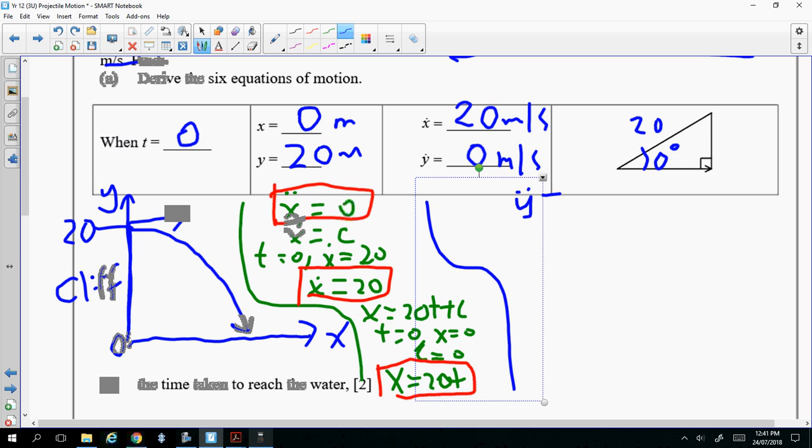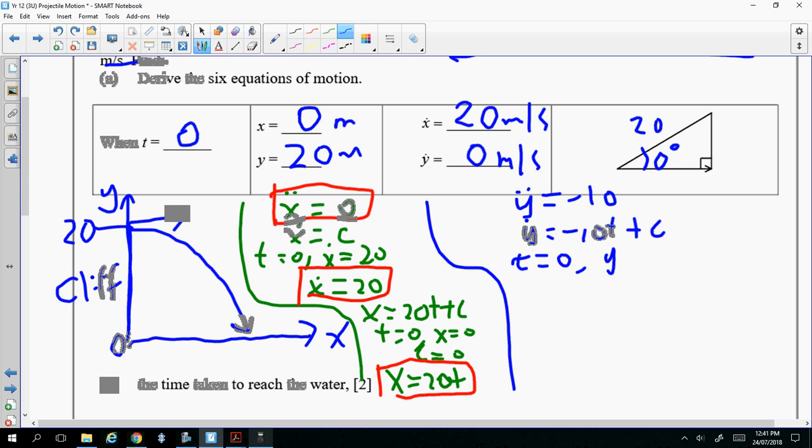Now how do we find c? When t is 0, y dot equals 0. So you update your formula: y dot equal to 0 plus c. So c equals 0. So you get y dot equal to negative 10t. Then after that, do y equal to negative 5t squared plus c. And when t is 0, y equal to 20 this time.